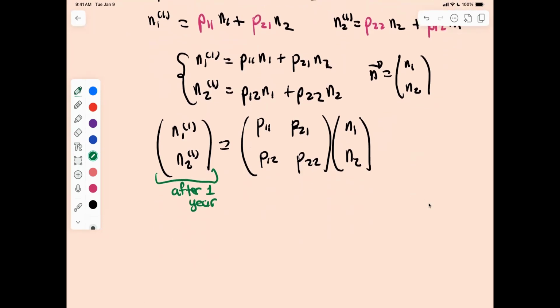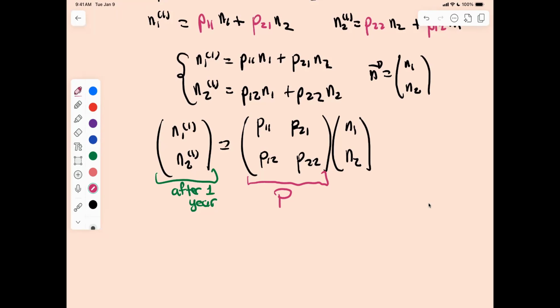And this is what we call the matrix P. That's the probability matrix P. Sometimes it's called a transition matrix. I think that's the correct term for it, because it's giving you the probabilities for transitioning from one state to the other. You think of the states again: a random customer can be in one of two states, cell phone or no cell phone.